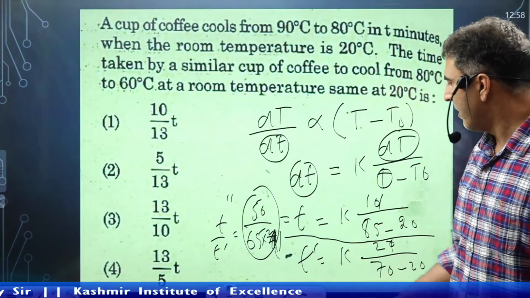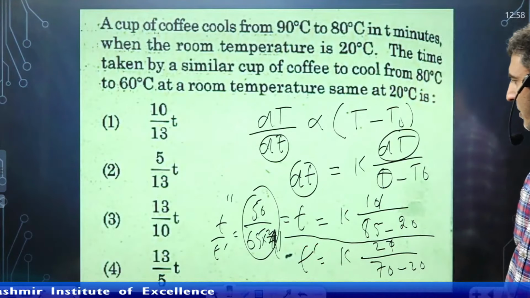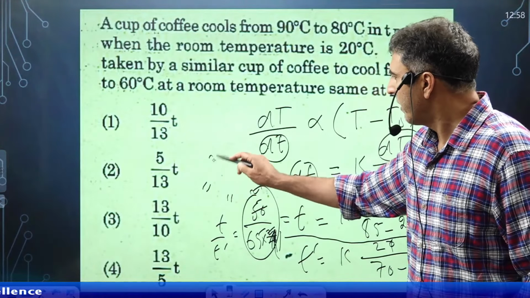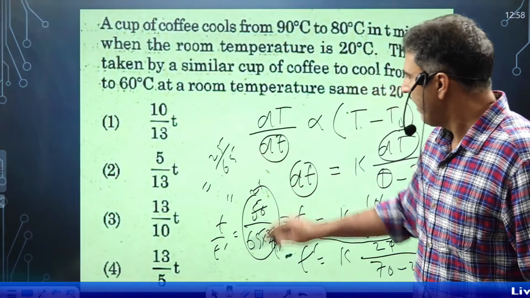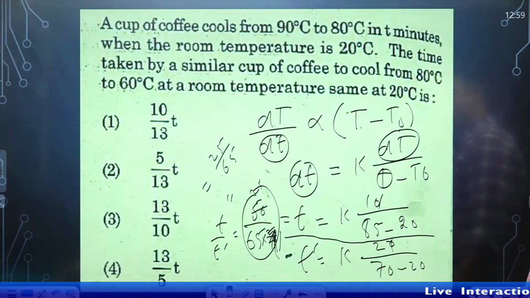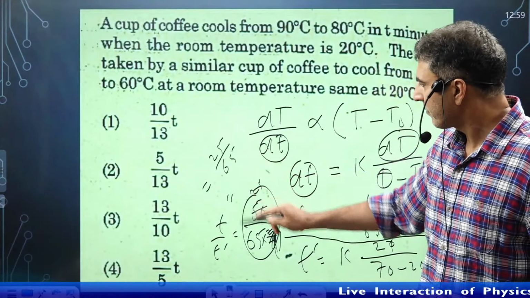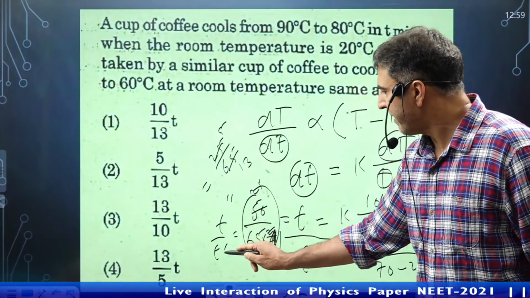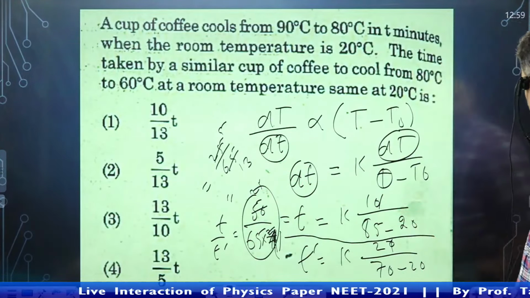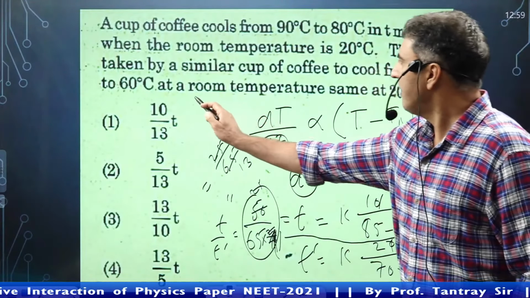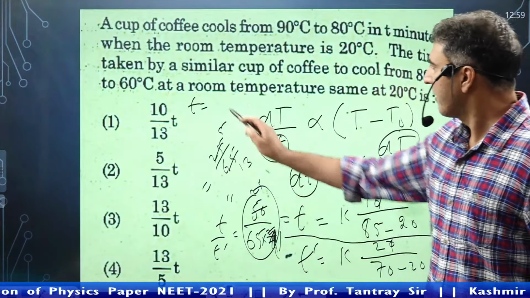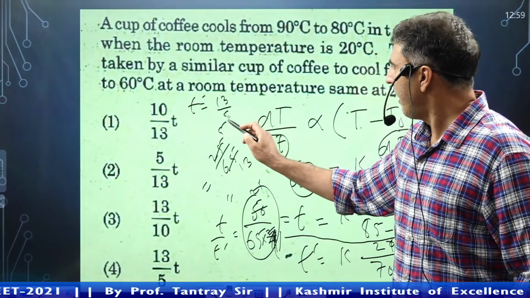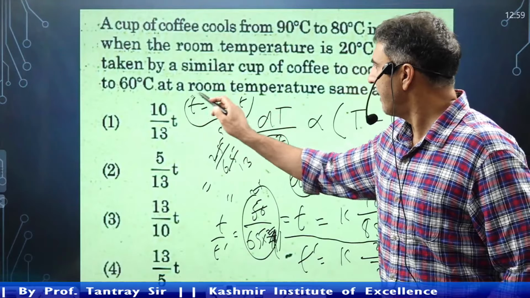The answer will be, it is 25 here. It will be 25 divided by 65. And what is 25 by 65? It is 5 by 13. But that is T dash by T. So T dash will be 13 by 5 T. That is the answer.